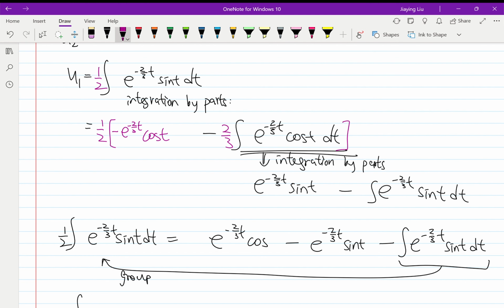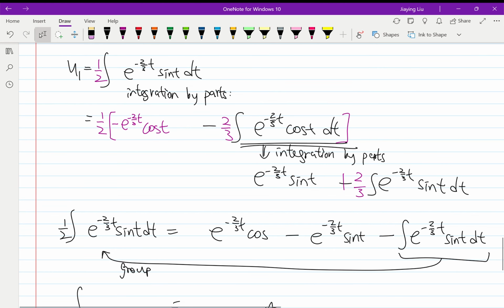And then if we just look at the integral in the bracket alone, and we try to integrate that part, that's going to give us e to the negative 2 over 3t sine t minus integral, plus integral 2 over 3 e to the negative 2 over 3t sine t. Okay, well, not too bad.